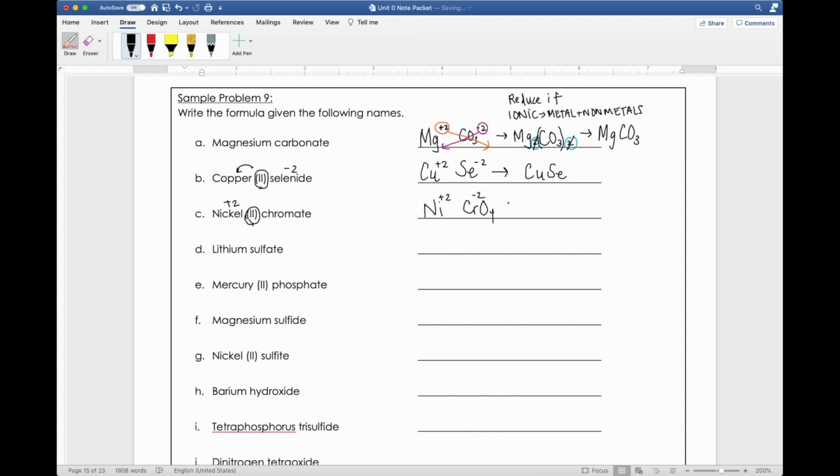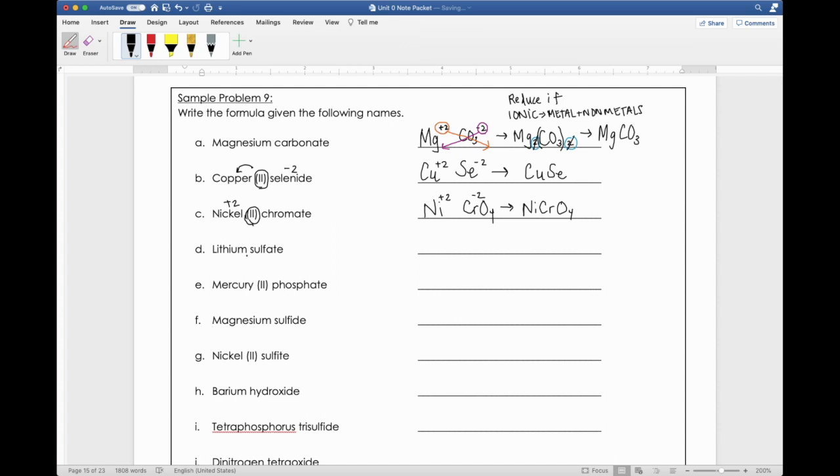Now, I don't know why I did so many 2 ratios back to back, but look, these 2's cancel out again, and because it's ionic, this happens to work out in this way. So your formula is NiCrO4. Nickel 2 chromate.